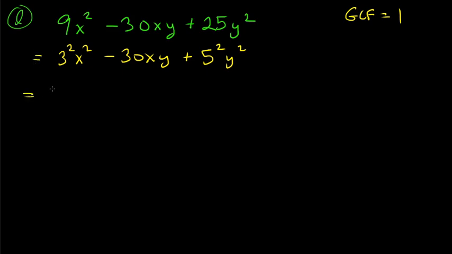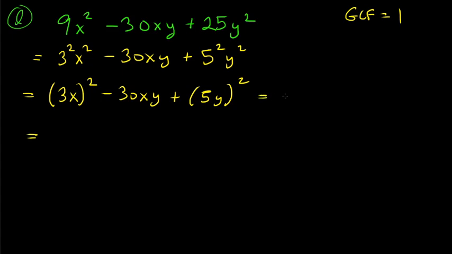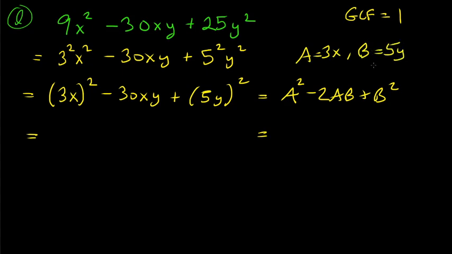However, notice that the first term is a perfect square, and the last term is a perfect square. So this might go fairly quickly, because this should factor as, again, a squared minus 2ab plus b squared, where a in this case is the 3x, and b is 5y.